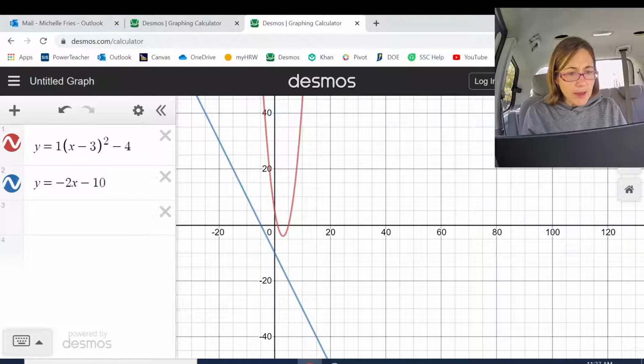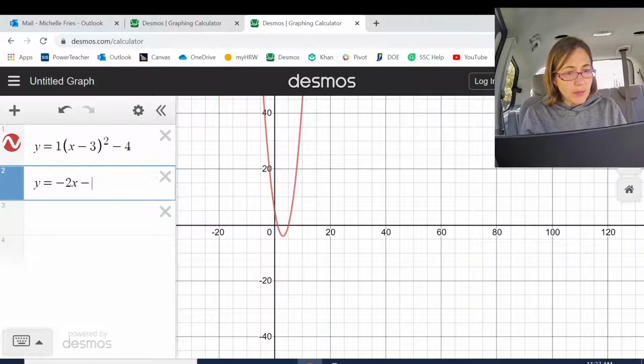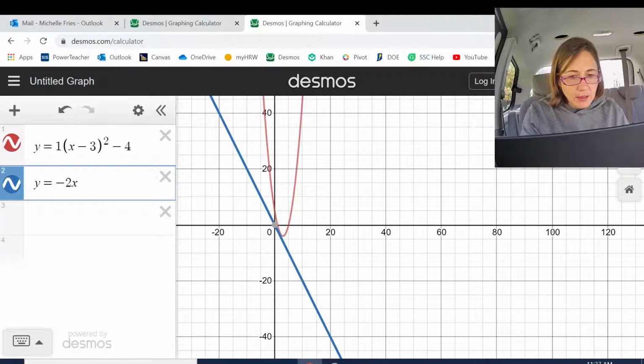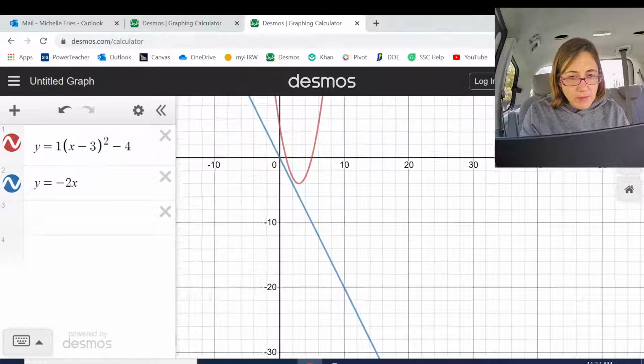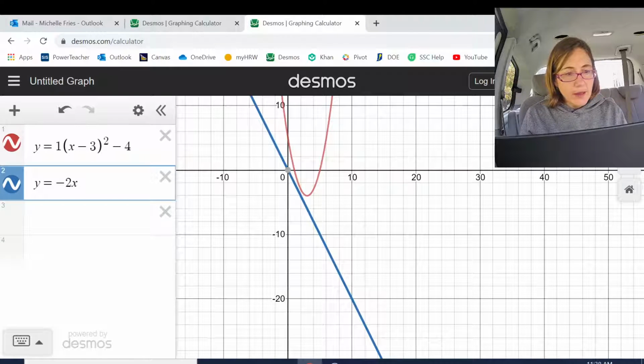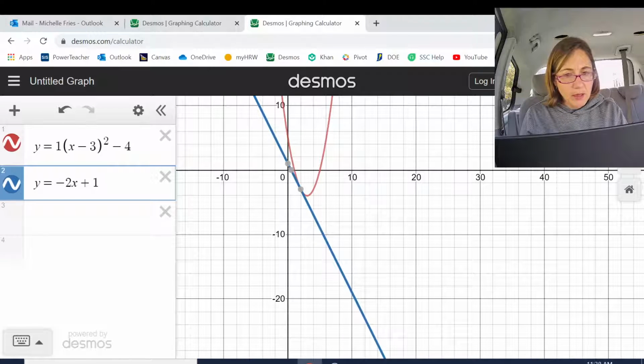If I play with the y-intercept in my line, maybe make it -1, hey, look at that. Not quite. Let's see if I can move that line up just a little bit. What if I try a +1?